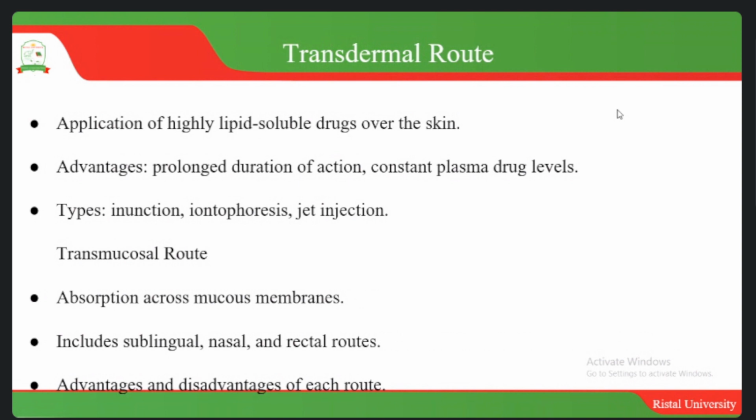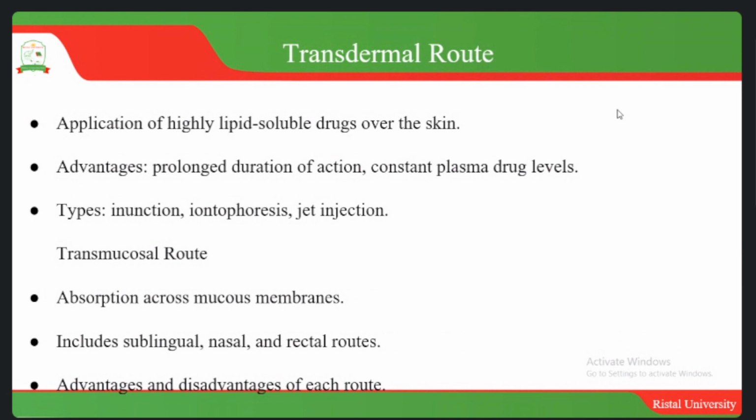Then the transmucosal route can be absorption across the mucous membranes. So you just put the drug around the mucous membranes, and it is absorbed into the body through the blood vessels around the mucous membranes. Then it also includes the sublingual, the nasal, and rectal routes.